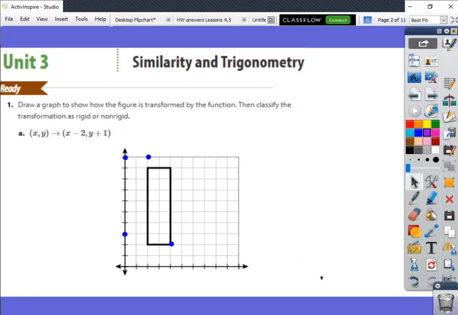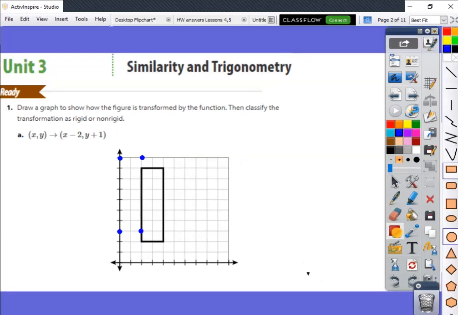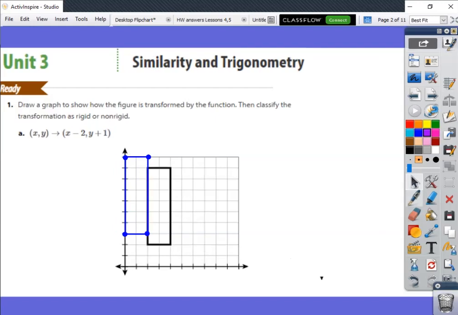And finally, the last one, 2 to the left, and up 1. And so I'm going to go ahead and make my rectangle again around these parts. Looks like this. Since my rectangle has the same shape, the same size, I'm going to say that this is a rigid transformation.